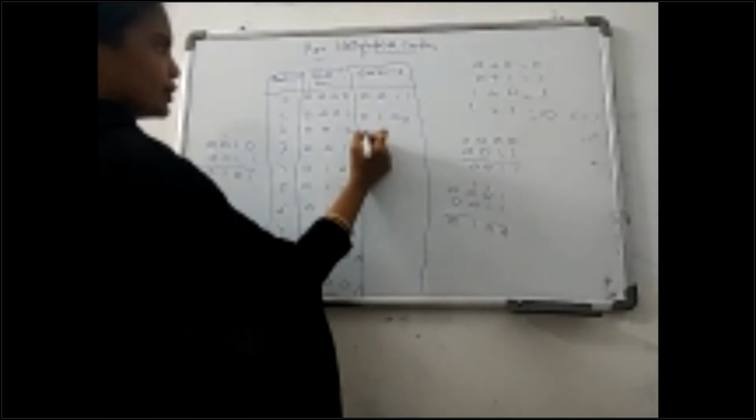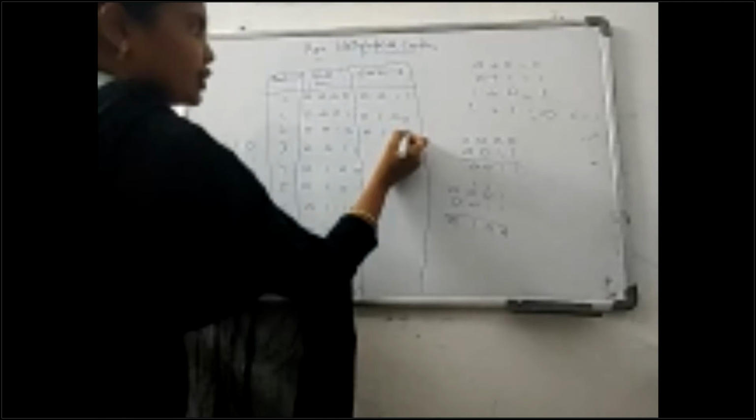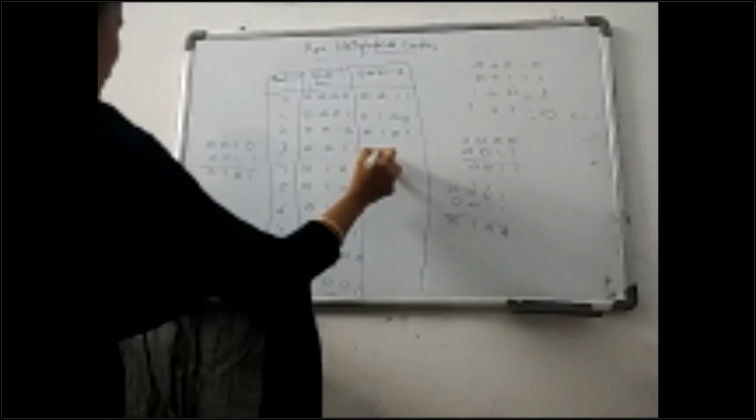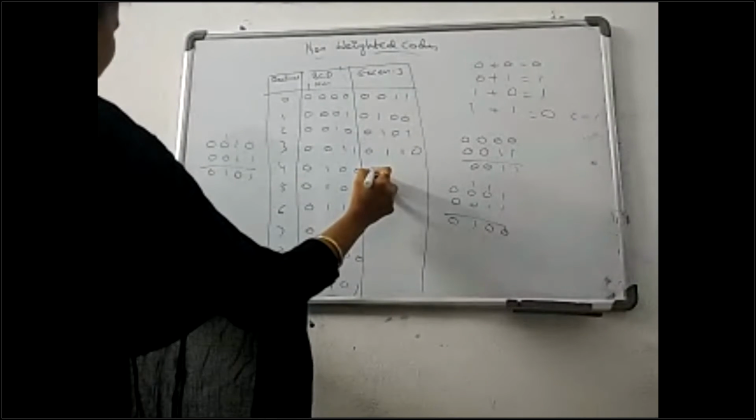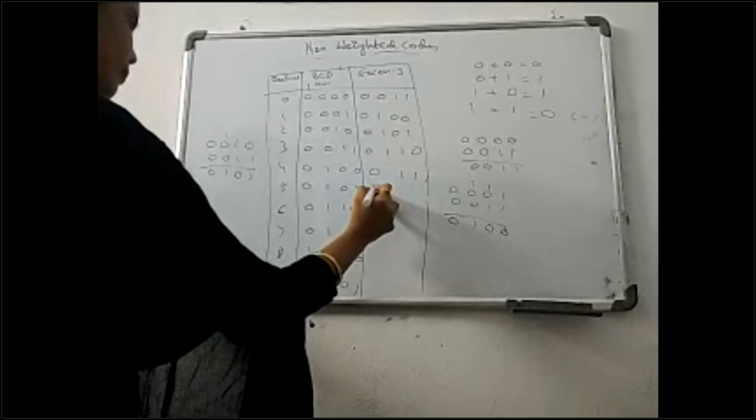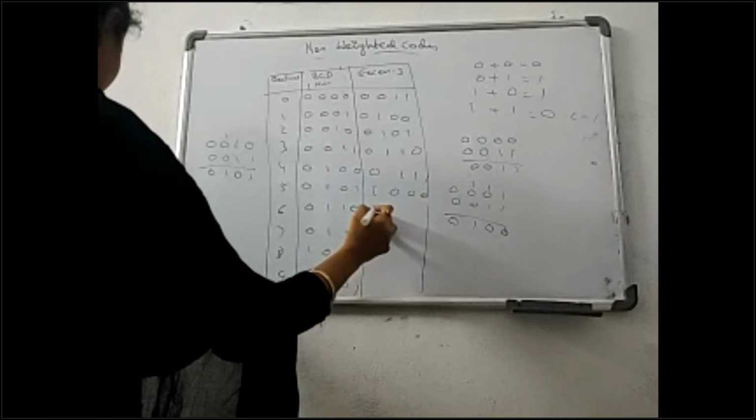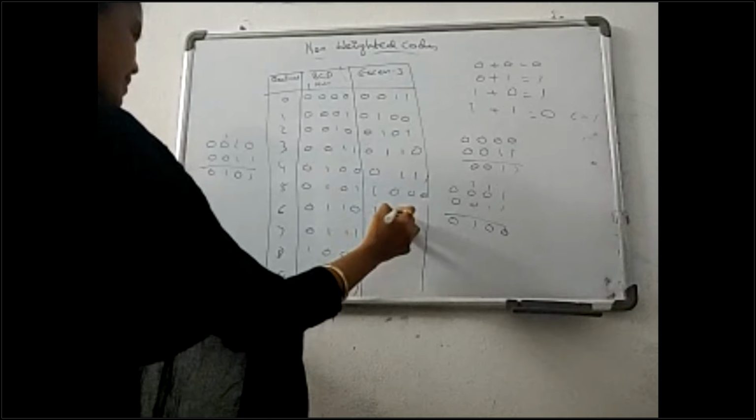Let us see 2: 0010. Add 3: 1 plus 1 is 0, carry 1, giving 0101. So for 3 it is 0110, for 4 it is 0111, for 5 it is 1000. For 6 it is 1001.